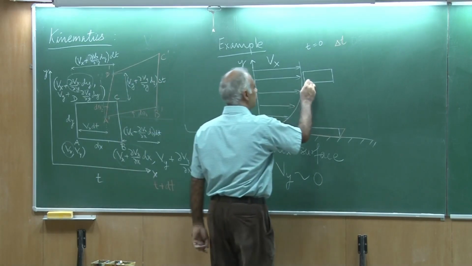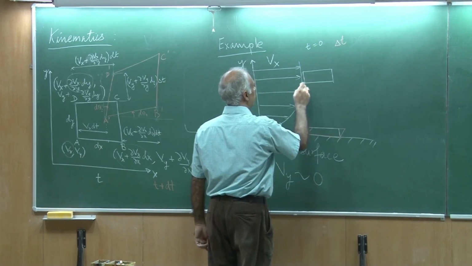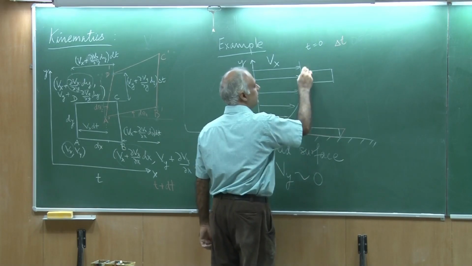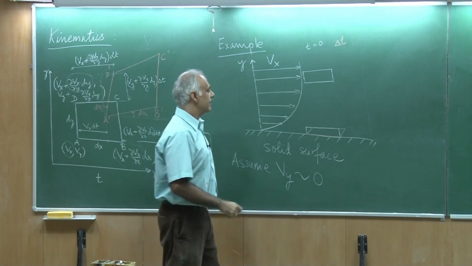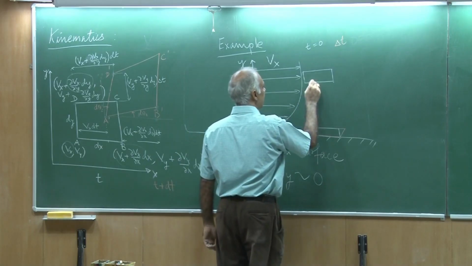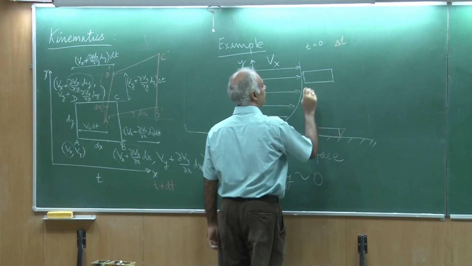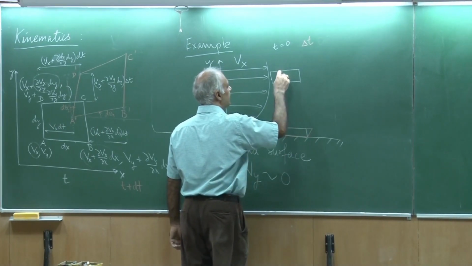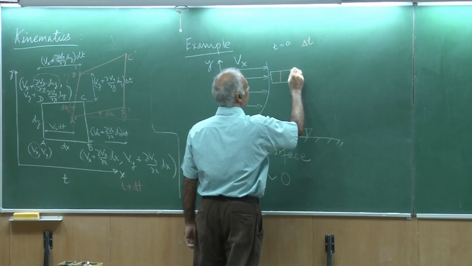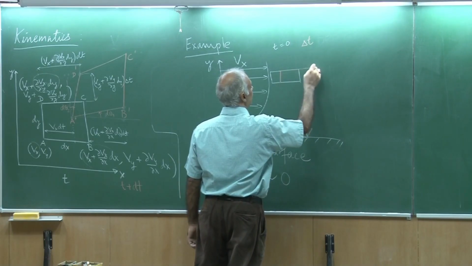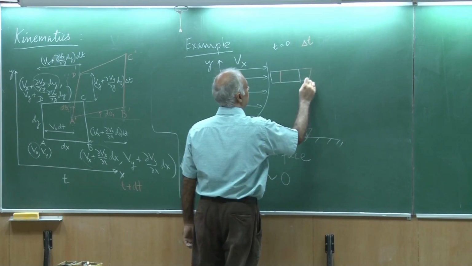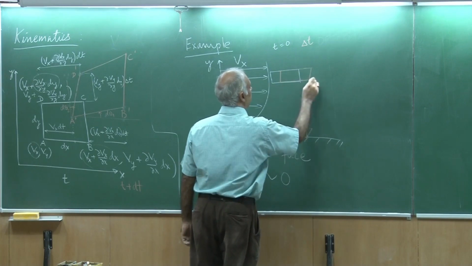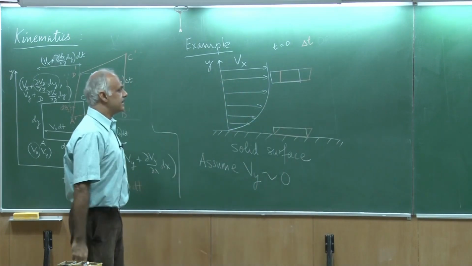What about this one? Well, these two are roughly the same. So, this moves by a certain amount. This moved by a little bit, not very different, and therefore I get a shape almost like this after time delta t.